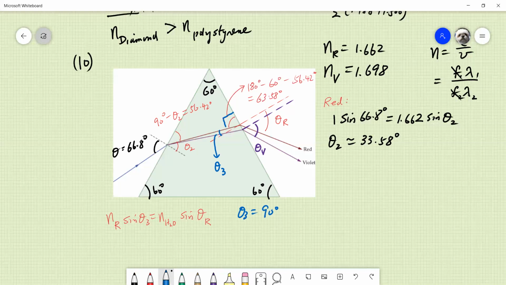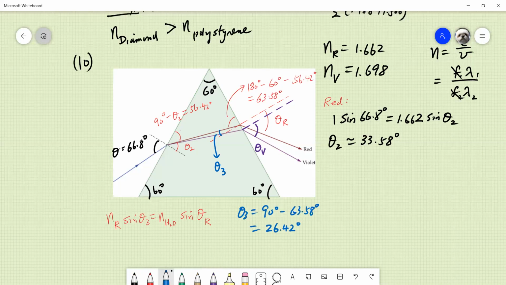This is 90 degrees. So which is equal to what? 90 minus 63.58, which is 26.42.